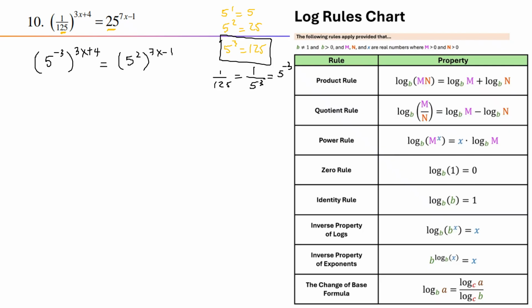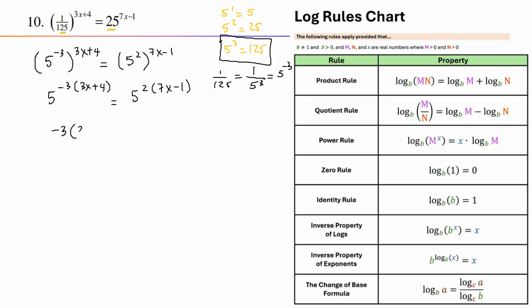Now apply the formulas. Okay, we have base a is 5, m is negative 3. So 5 to the power of negative 3 times 3x plus 4 equals 5 to the power of 2 times 7x minus 1. Now we have the same base, just set the exponents equal to each other.